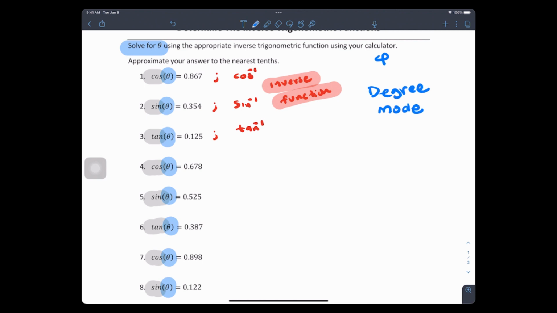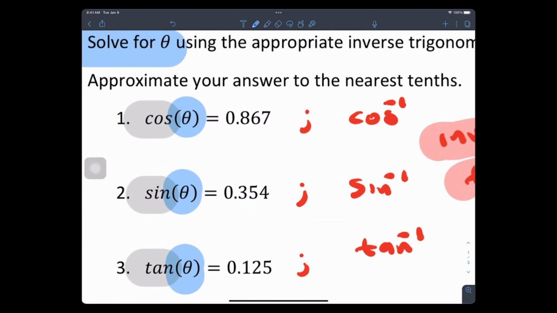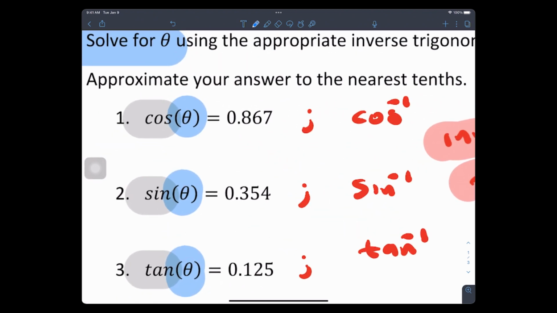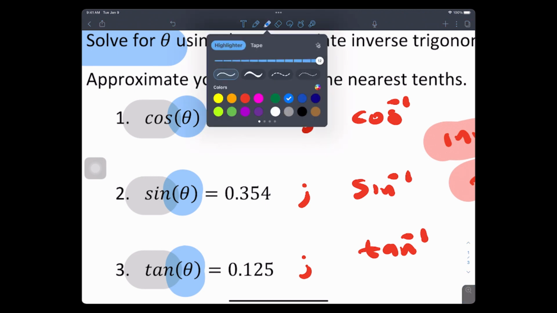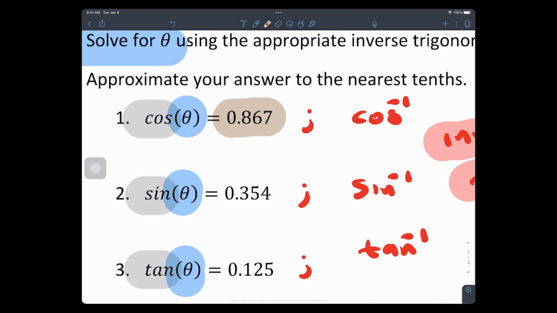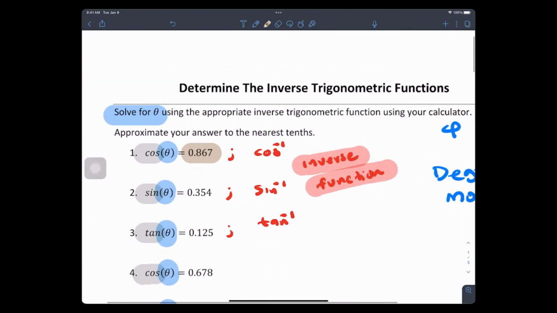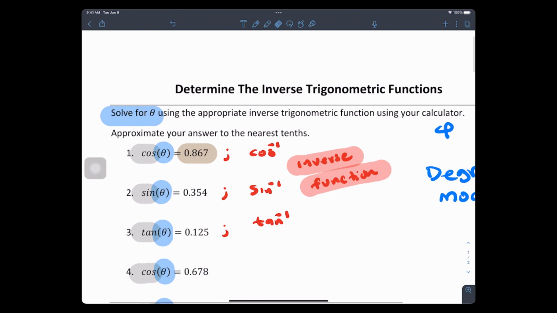Okay, ladies and gentlemen, let's try this out. You guys see this first question? Cosine of the angle is this number here, 0.867. So let me go do this. I'm going to erase this here for you guys.